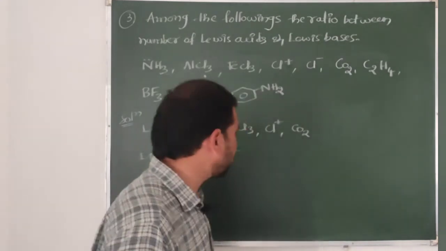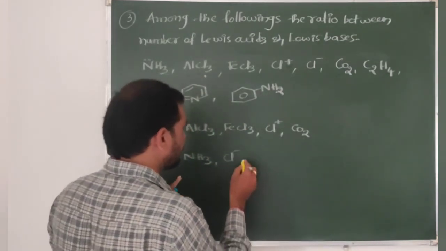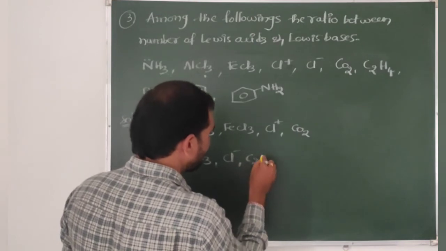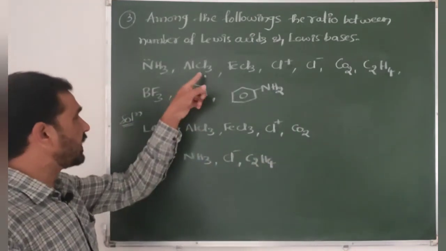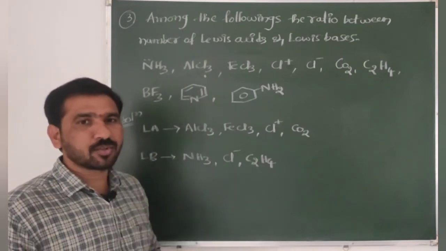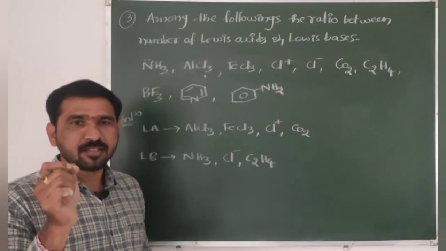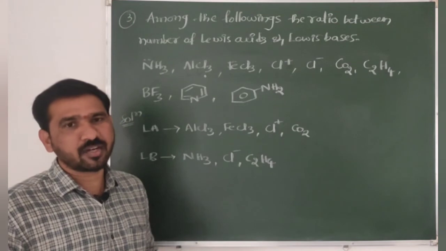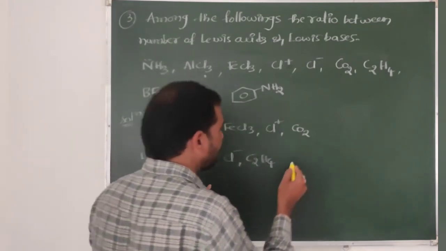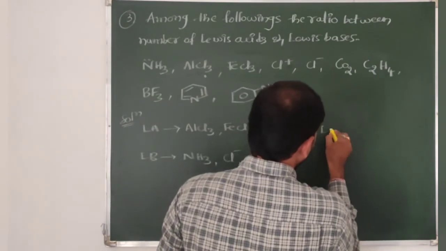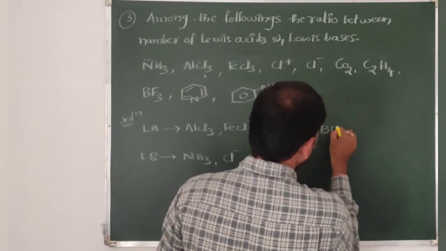That is an example of an electron pair donor, that is a Lewis base. C2H4 is under Lewis base. Then BF3, like AlCl3. BF3 also, boron has a sextet electronic configuration. To attain the octet, it accepts 1 pair of electrons, so that is a Lewis acid, BF3.